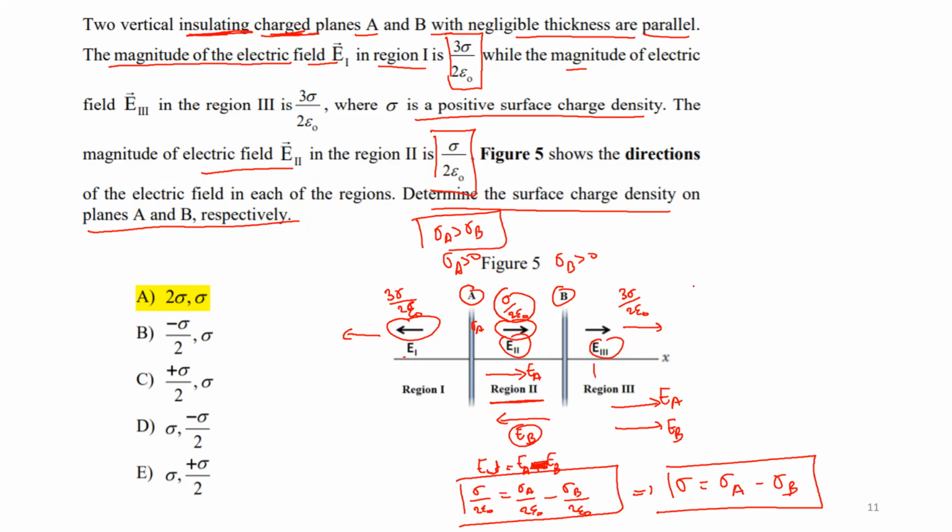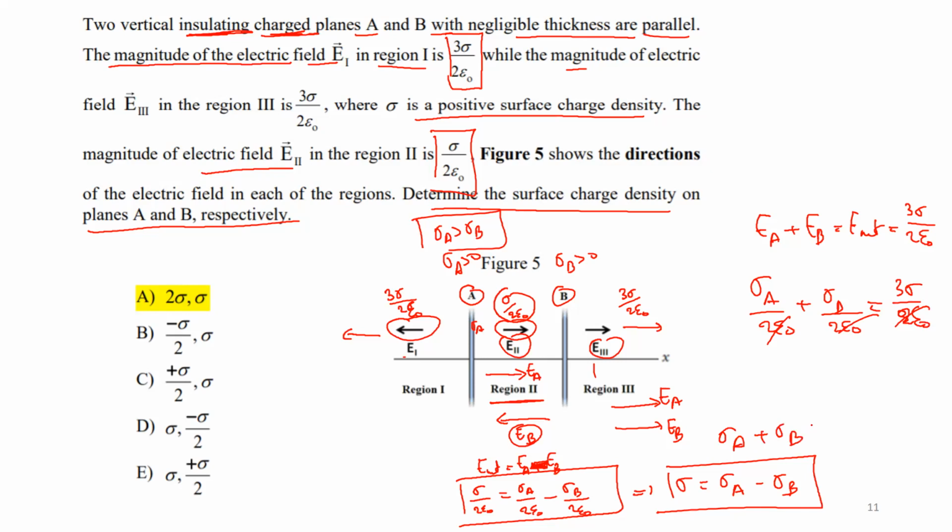Now in region 3, I can say that EA plus EB is E net, which is 3 times sigma divided by 2 epsilon naught. That means sigma A divided by 2 epsilon naught plus sigma B divided by 2 epsilon naught is equal to 3 sigma divided by 2 epsilon naught. I simplify by epsilon naught and I get my second equation: sigma A plus sigma B is equal to 3 times sigma.